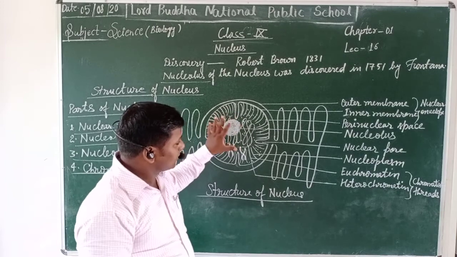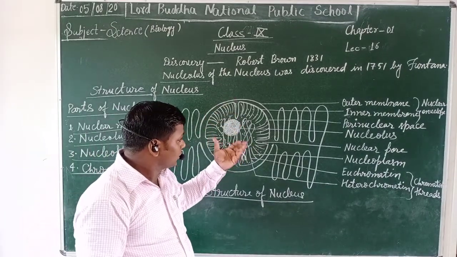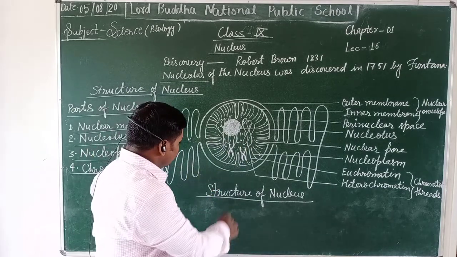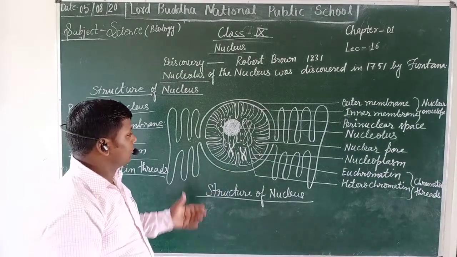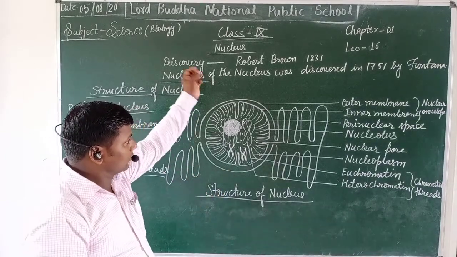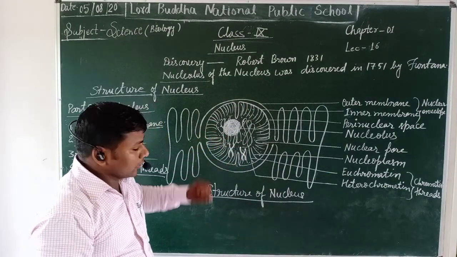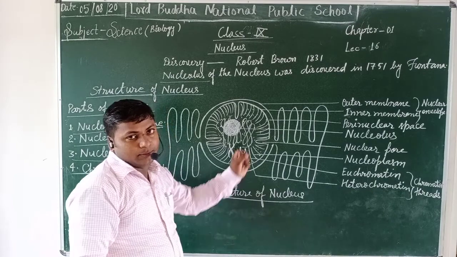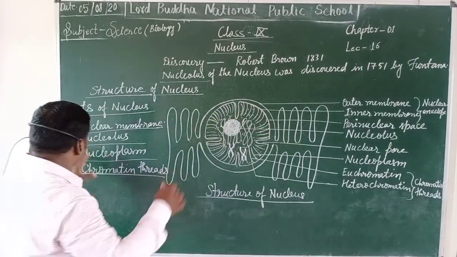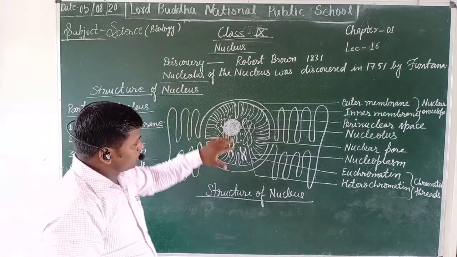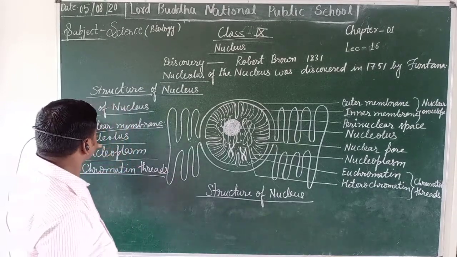This cell organelle is very important because it not only helps in control and coordination of all kinds of metabolic activities, but it also helps in the formation of genetic materials, that is DNA and RNA. The nuclear membrane helps in bounding all the other contents of the nucleus.